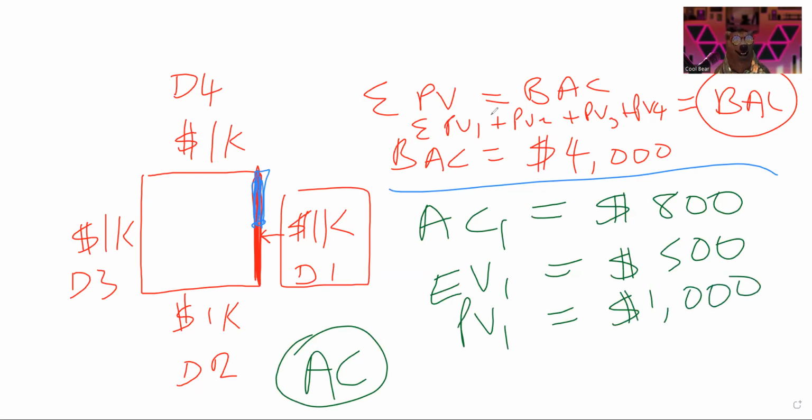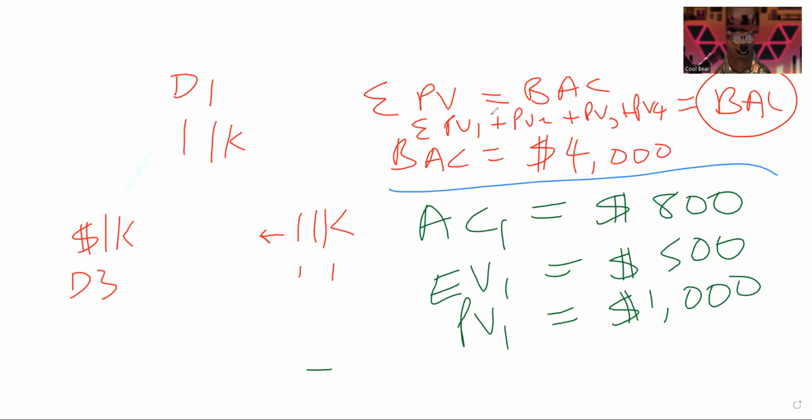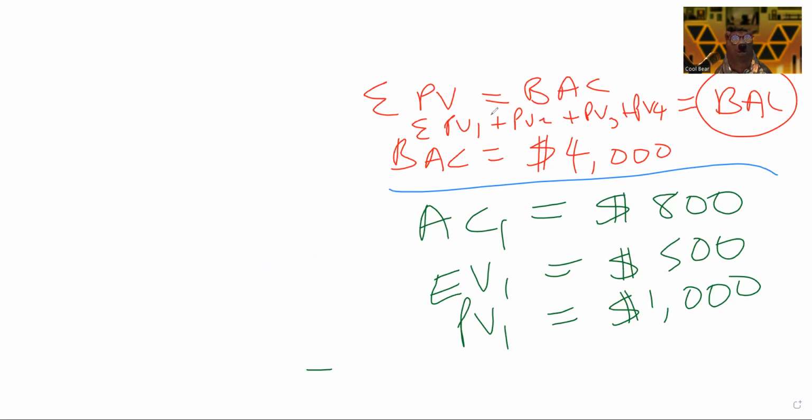These three metrics can be used to find what I call derivative metrics. And the derivative metrics are as follows. Look very carefully. The derivative metrics all start off with one common metric.